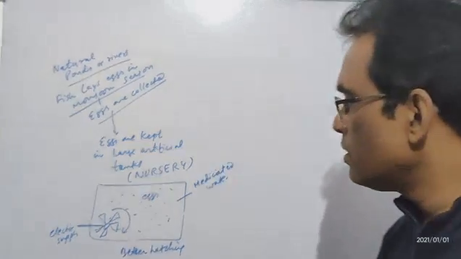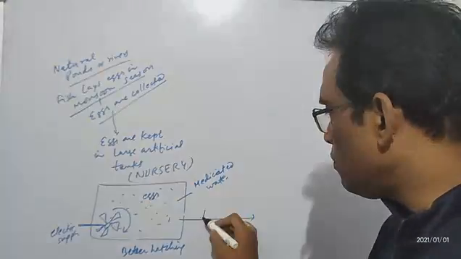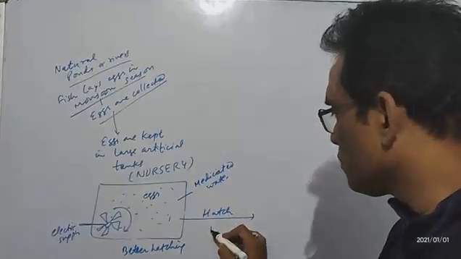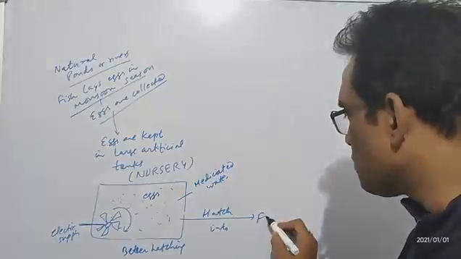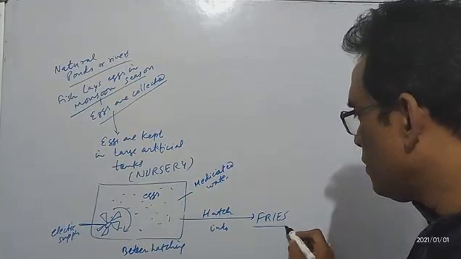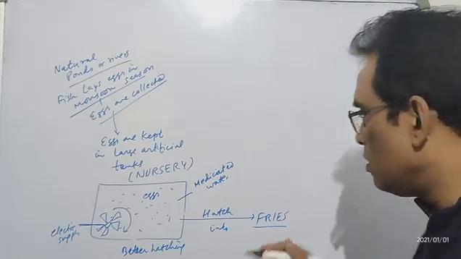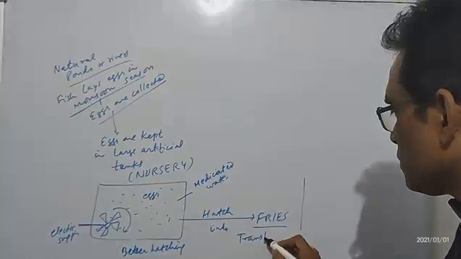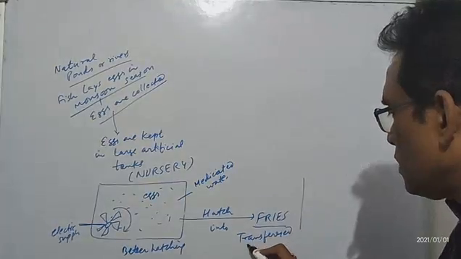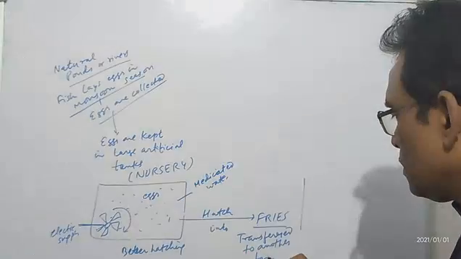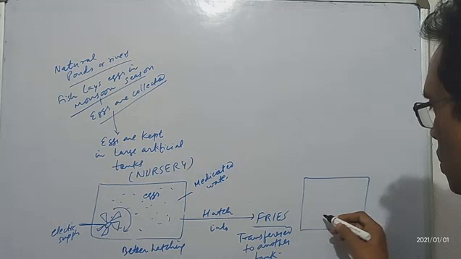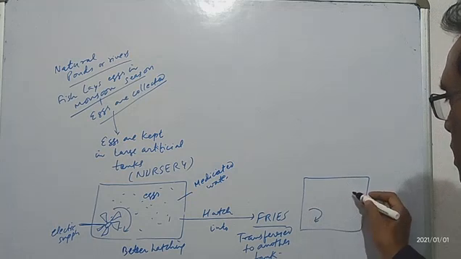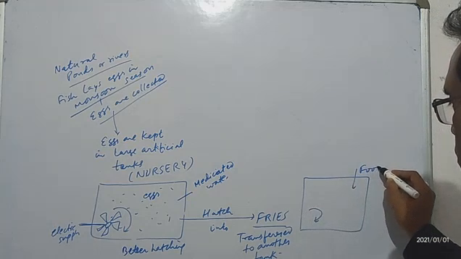All the eggs hatch into young ones. When they hatch into young ones, they are called fries. Fries means very, very small fishes, and they are transferred to another tank. They are transferred to another tank, where now not only churning of water is required, but we start giving them food also.